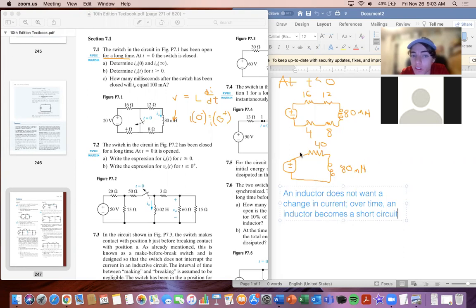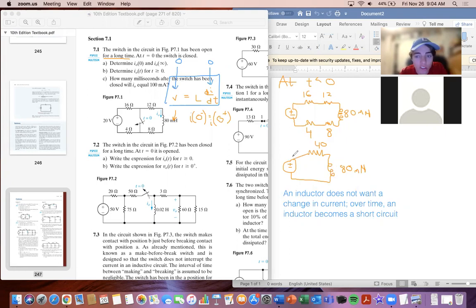Since the current is staying the same, in this equation for an inductor, if the current is constant, that means di/dt will be 0, and therefore the voltage across the inductor is 0. If there's 0 voltage across this inductor, it's going to act as a short circuit, because there's no voltage drop.